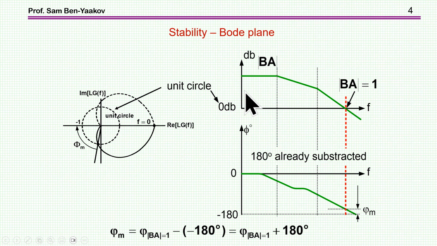In this case, we see here the amplitude, and this is the phase. This line of 0 dB is actually the unit circle, and the penetration here is this crossover point. And if we look at the phase, the distance between the actual phase and 180 degrees, after taking into account the negative feedback, okay? So the distance here is the phase margin.